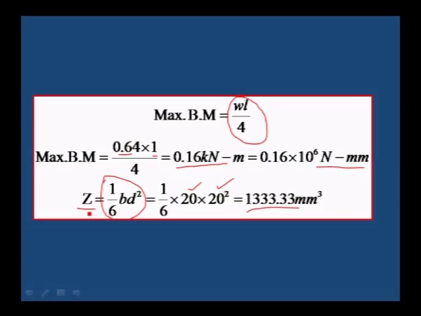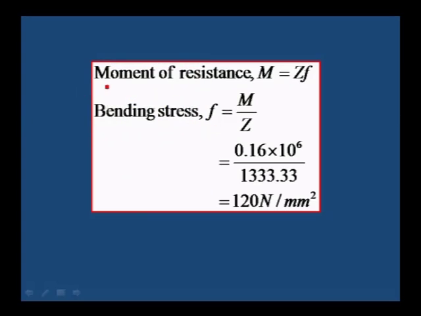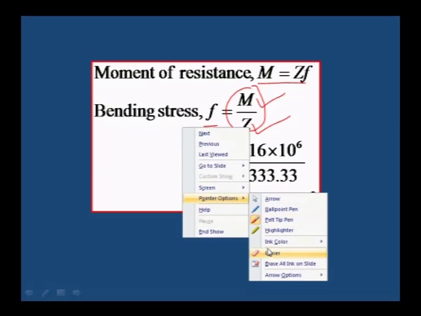Therefore, M is equal to Z into F, and by this relation we can find the bending stress in the beam. F is equal to M by Z. We know the M value and the Z value. By substitution, we get the stress as 120 Newtons per mm square. Now we have the value of F.